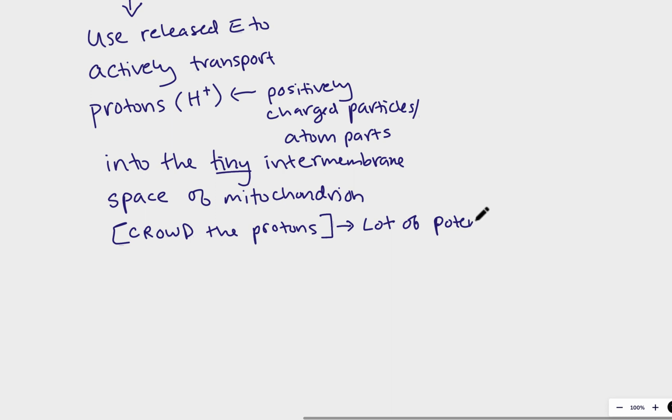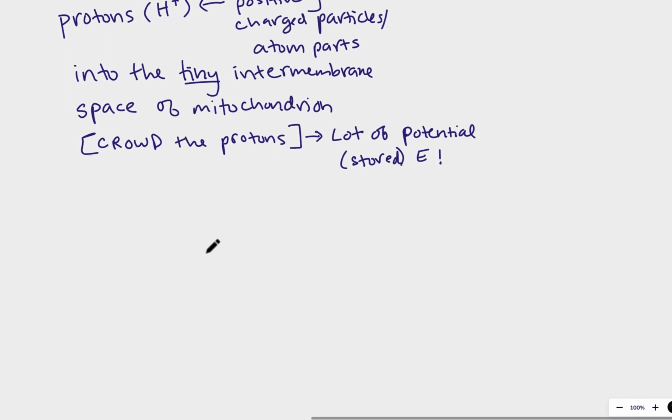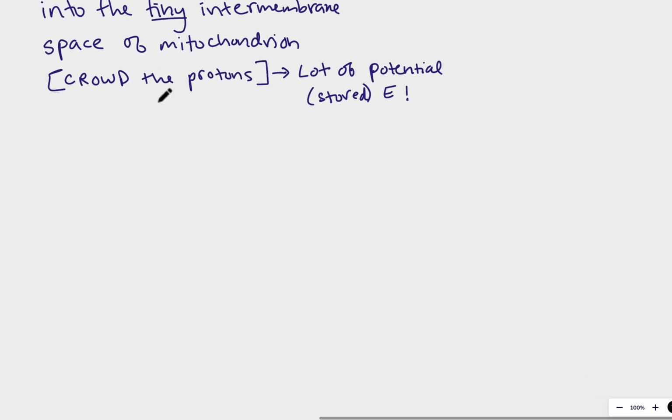We can call that potential energy, which we then can use to do work. And what work are we going to do? So now we've done work by releasing the energy from the electrons falling to pump the hydrogen ions across the membrane. Now we're going to do work with those hydrogen ions.